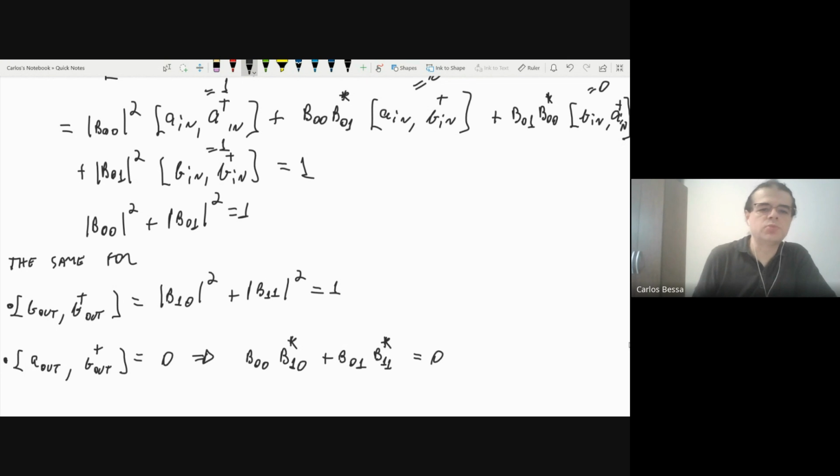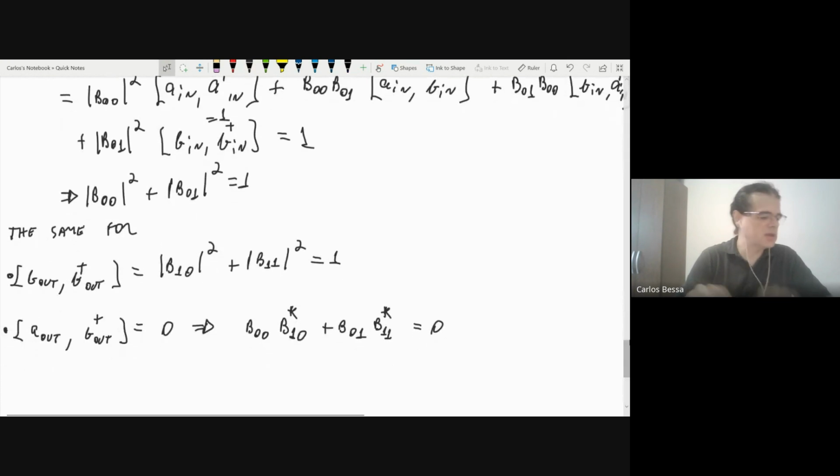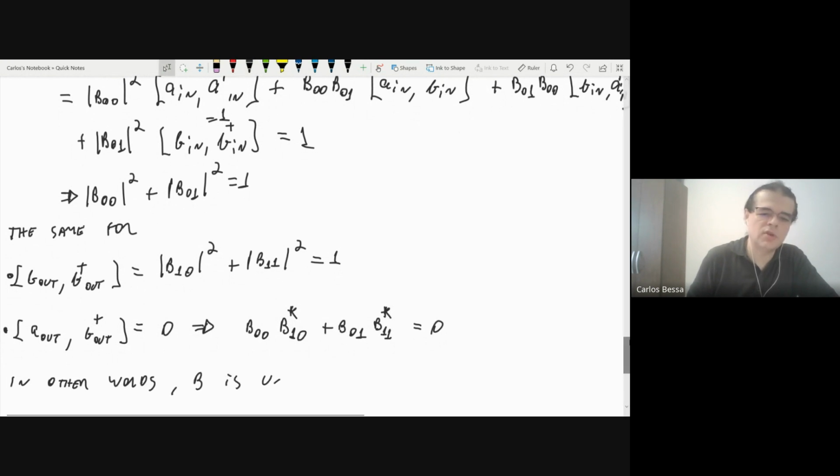So if you use these properties here, this one, this one, this is the same as saying, in other words, B is unitary.